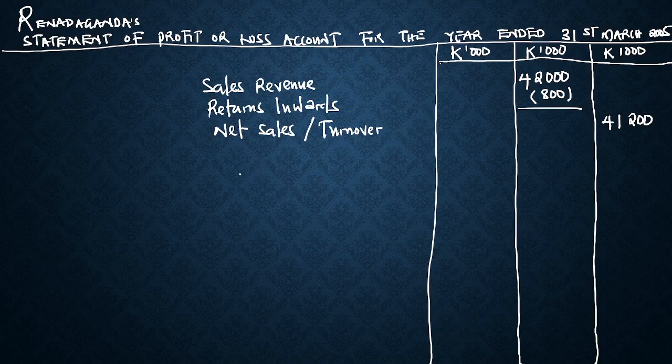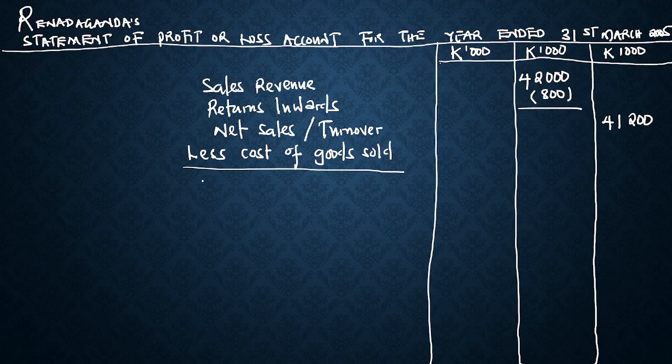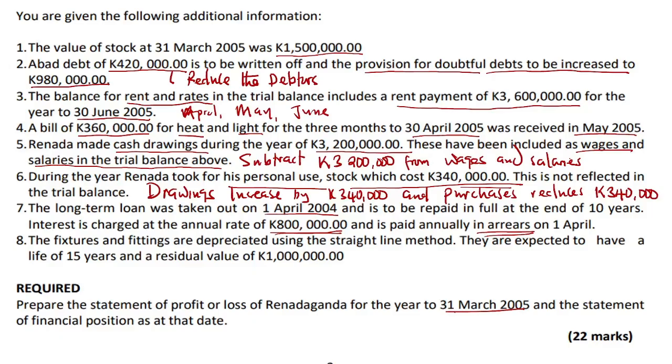No question. Okay. So we'll now say less cost of goods sold, the so-called cost of sales. Now, what do we start with here? We're supposed to start with our opening inventory, meaning the inventory at 01/04. What's our opening inventory?